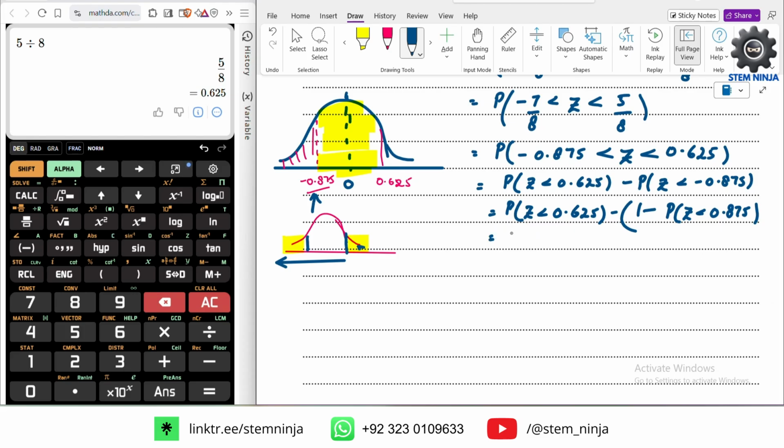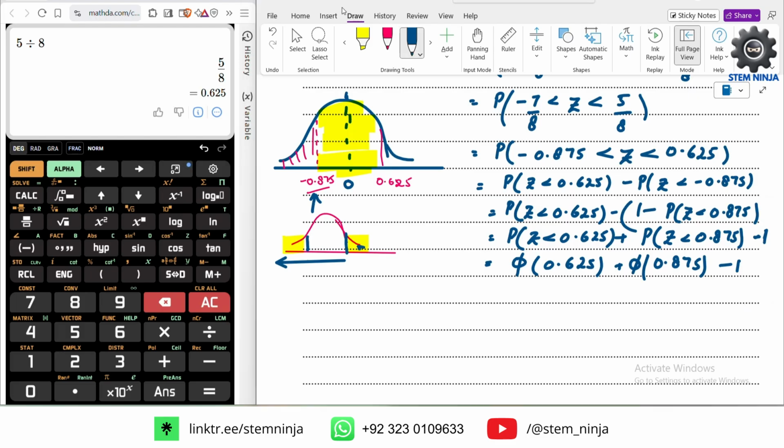So as it suggests, you will be adding 0.625 probability with 0.875 with minus 1. You can also write it in terms of phi, so basically like phi of 0.625 plus phi of 0.875 minus 1. Either way, we need to now go to the table and figure out the probabilities.